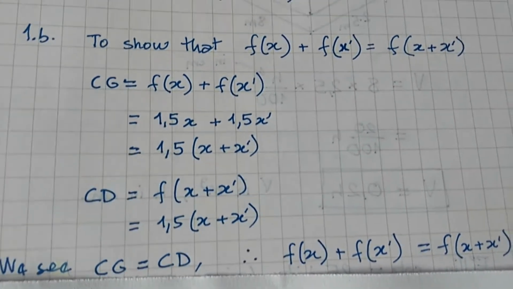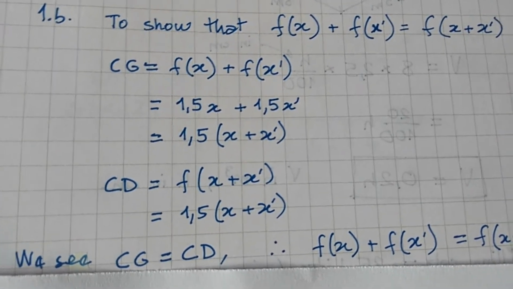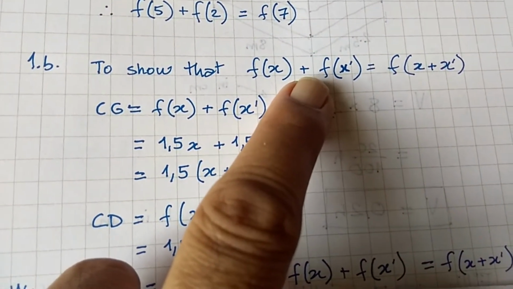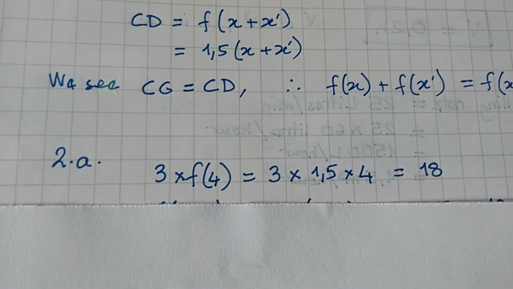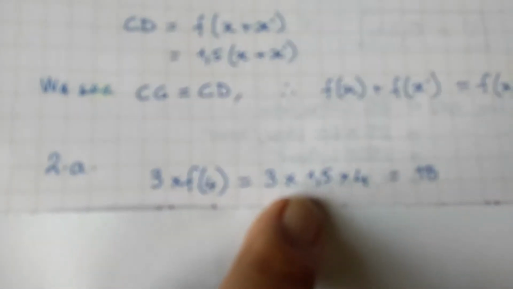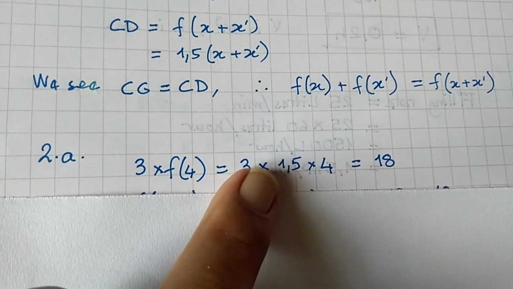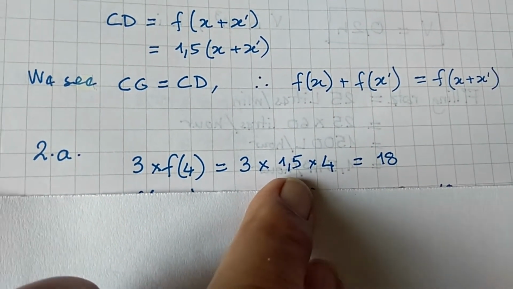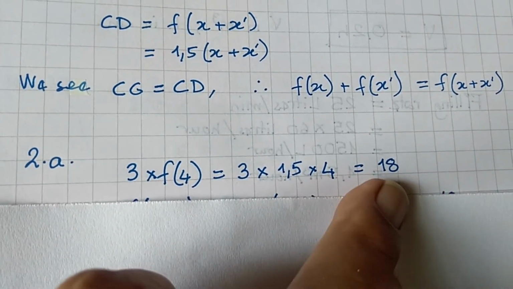Now we'll do the same thing with the part 2, which uses, instead of the plus, it uses multiplication. Here first of all again they say calculate 3 fois f de 4, that is 3 into 1.5 into 4 is 18.